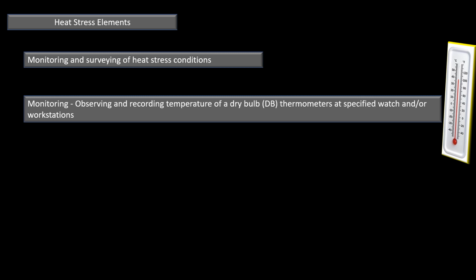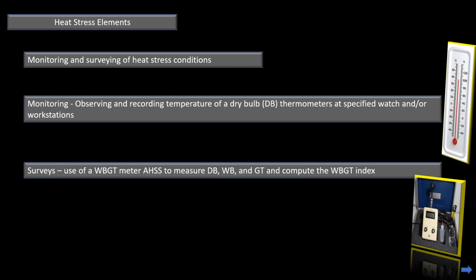So we use a dry bulb thermometer, your classic thermometer with alcohol and glass, and we use these in specified watch or workstations. When it comes to surveying, that's when we're using the WBGT meters, or we're using the automated heat stress system built into the ship to measure both that dry bulb, that wet bulb, and that global temperature, and we're going to compute a WBGT index.